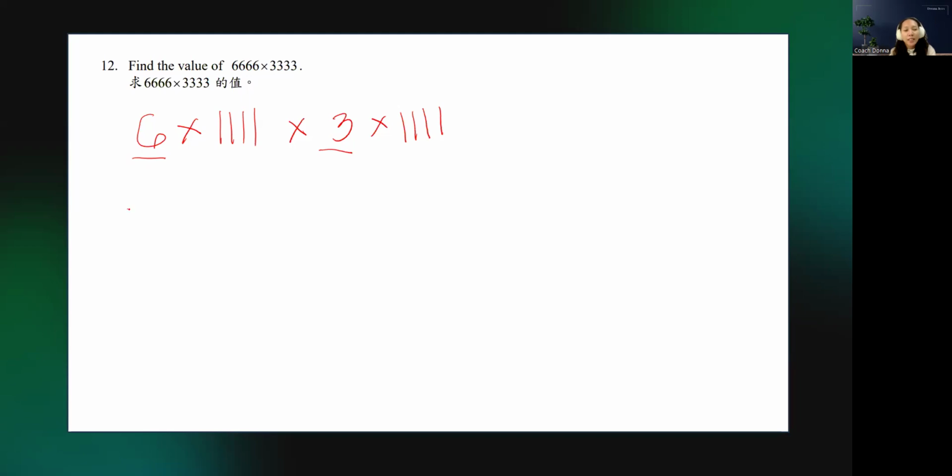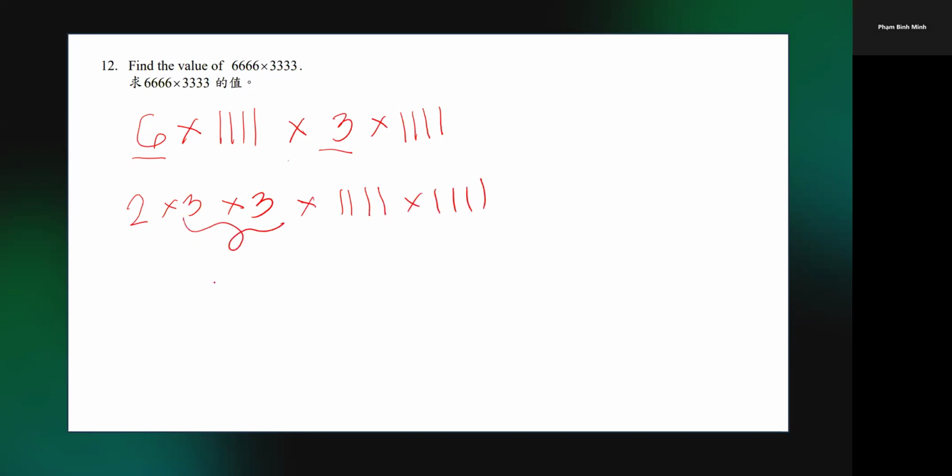So this is 2 times 3, right? Copy the times 3 here, then times 1111, multiply it by 1111. So you'll have a 9. So you'll be left with a 2. 9 times 2. That's a 2. Times 1111 again.